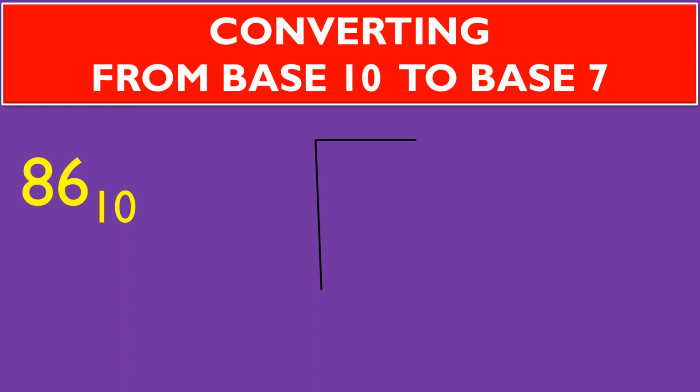Now you have 86 in base 10, and we are converting to base 7. Therefore, we will divide 86 by 7. How many times can 7 go in 86? 12 times. 12 times 7 is 84. So we will have a remainder of 2 because 86 minus 84 is 2.